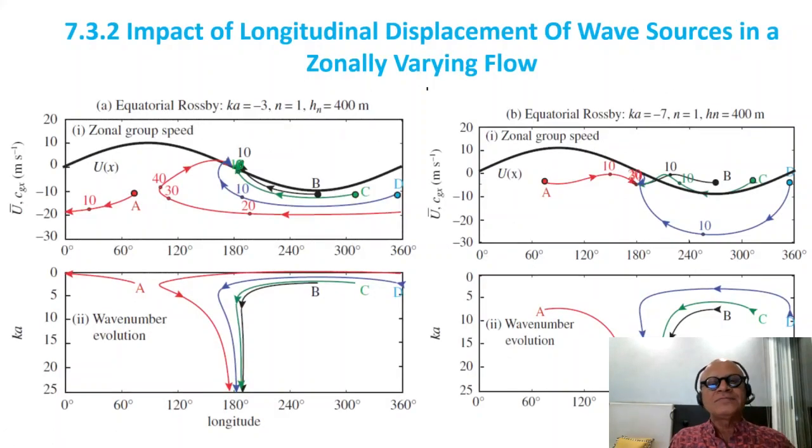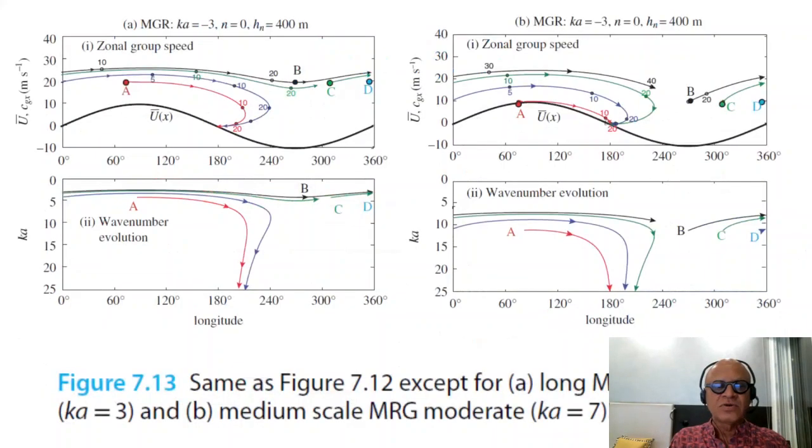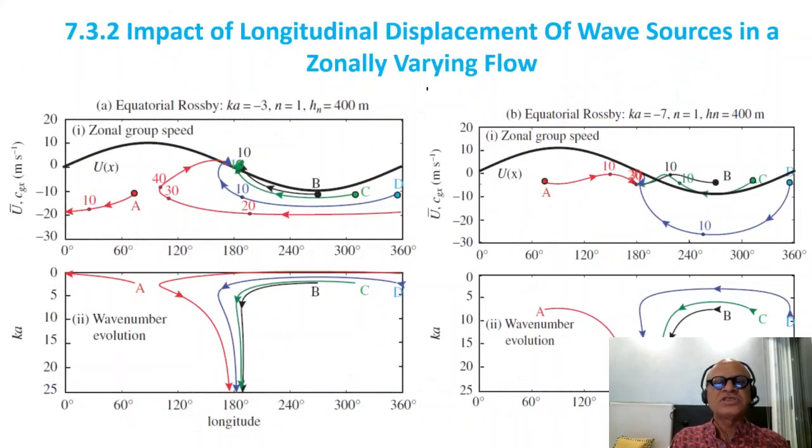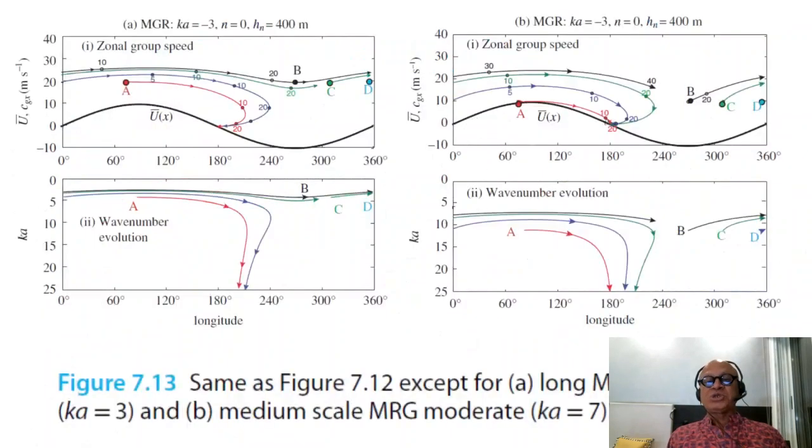Okay. So impact of longitudinal displacement of waves. Okay, so this is just to put in the context of 712 and 713. So we saw this before, where we had these trapping happening when you have Rossby waves without the long wave approximation, and for the mixed Rossby gravity waves.